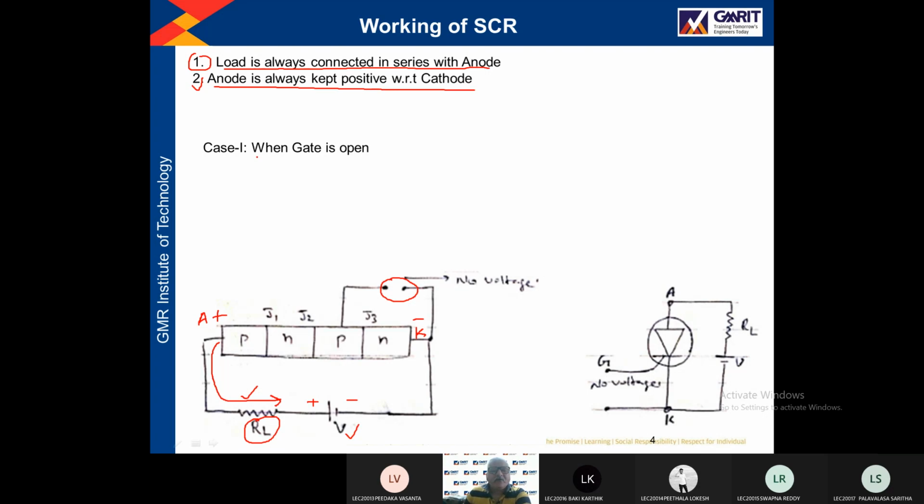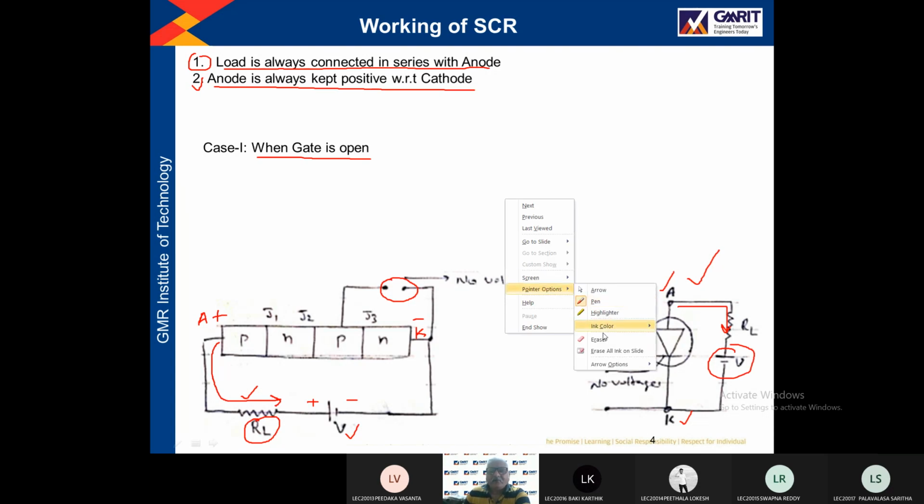First we will see the working of this SCR when the gate is open. The symbol for this circuit with the connection is shown here. This is anode, this is cathode, this is gate, and with the anode I have connected one load resistor and one battery.